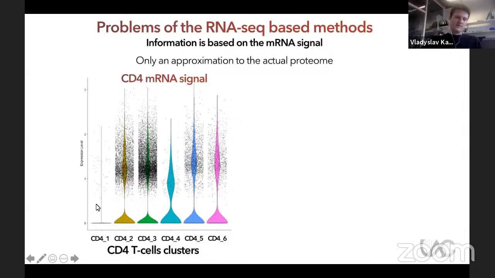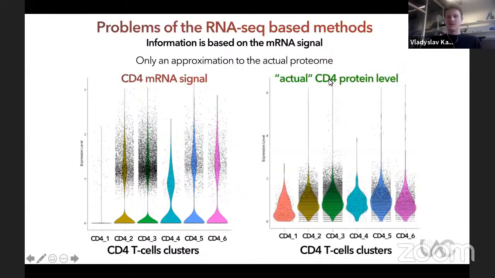But one cluster of CD4s doesn't express any CD4 messenger RNA molecules at all. And when you take a look at the actual CD4 protein level, when you look into the proteomics, you may see that, wow, CD4 first cluster pops out.